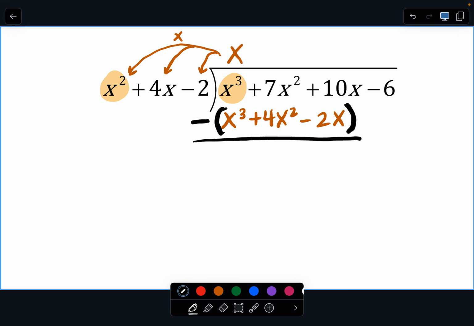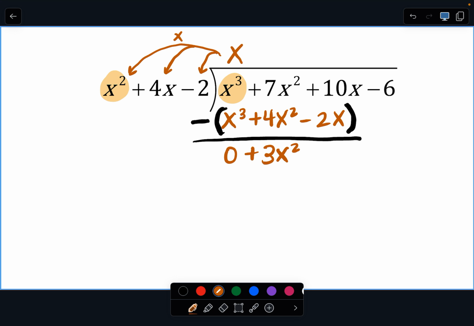Because what's x cubed minus x cubed? 0. So that should end up canceling out. What's 7x squared? And it's not adding 4x squared. That is being subtracted. What's 7x squared minus 4x squared? 3x squared. So I'm going to have 3. You technically don't really have to write the 0, but I'm writing it for the sake of understanding.